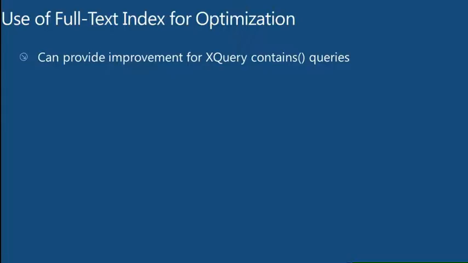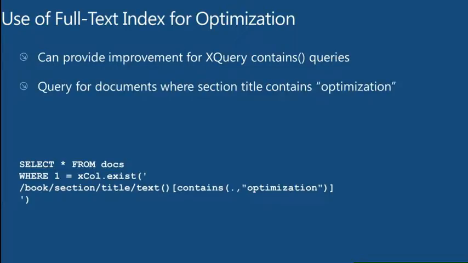So now let me show you quickly how to use full text indexes and the property index to get a better plan. So for example, if you have an XQuery that contains a contains expression, and you want to find the titles that contain optimization as a word inside the title. Now, the contains expression in XQuery is not a full text contains. It's a substring contains.